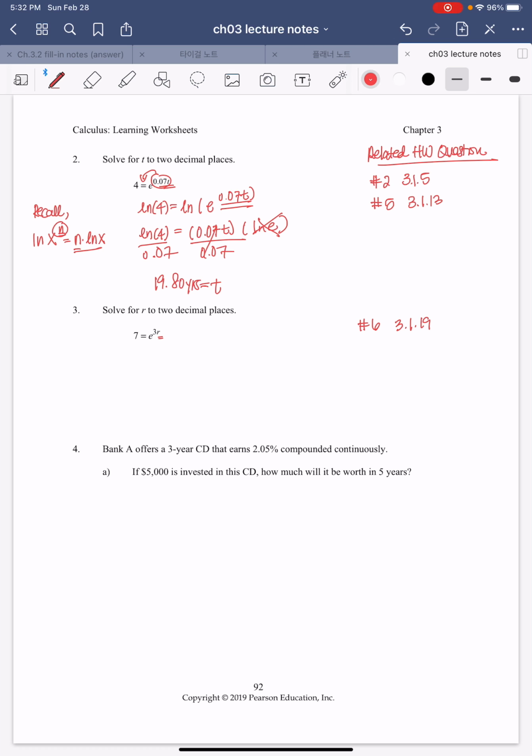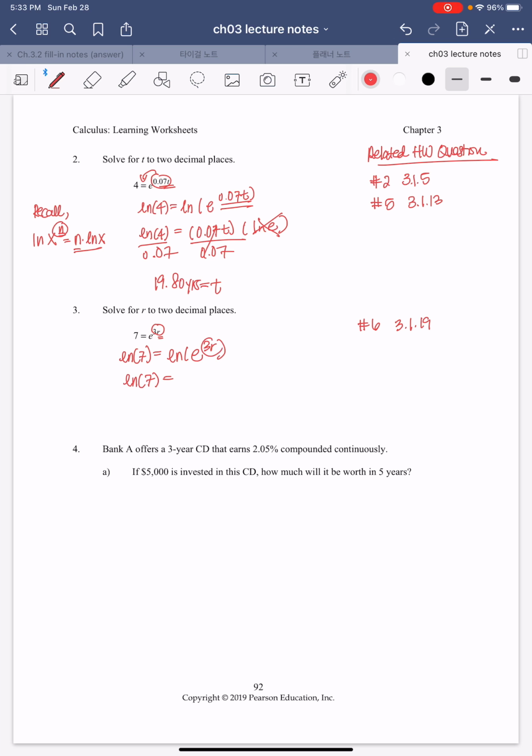So let's do a similar problem and then work on number 3. Same formula, this time we're solving for R. Okay, so same thing. The problem is R is on the exponent, so I'm going to apply the natural log to both sides to bring down the exponent as a product. ln 7.